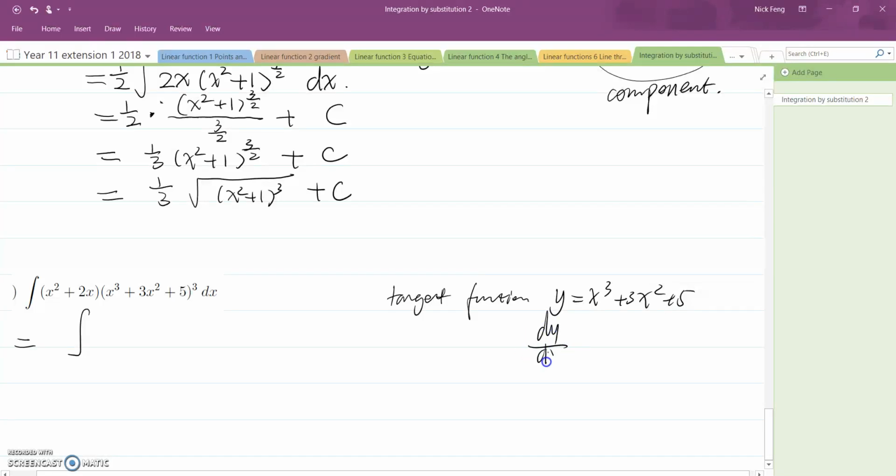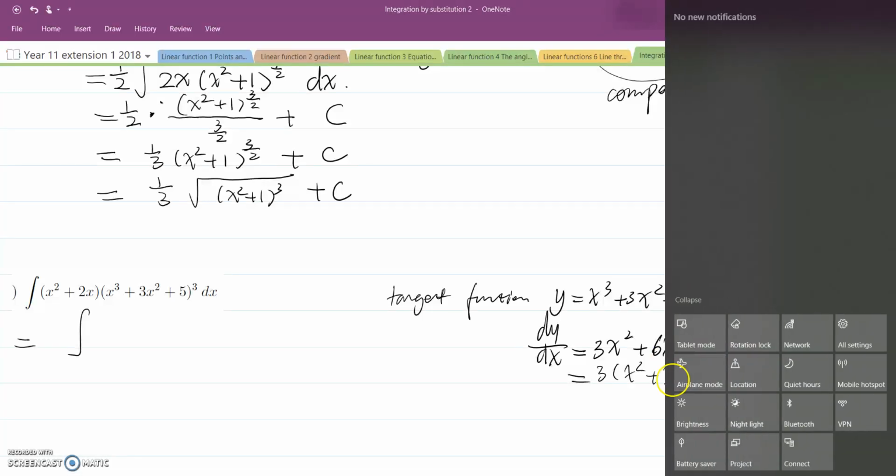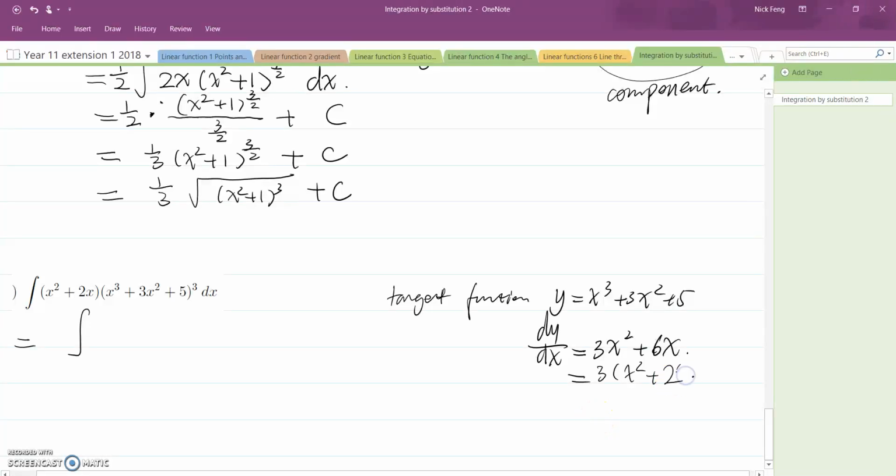And the derivative of that, which is the component I need for integration, should be 3x squared plus 6x. If you actually take out a constant as a common factor, that should be x squared plus 2x. And somehow the question must provide you this. Otherwise, it doesn't work.